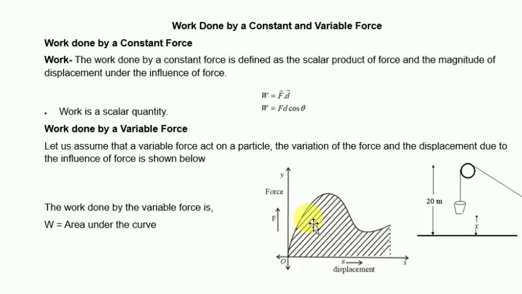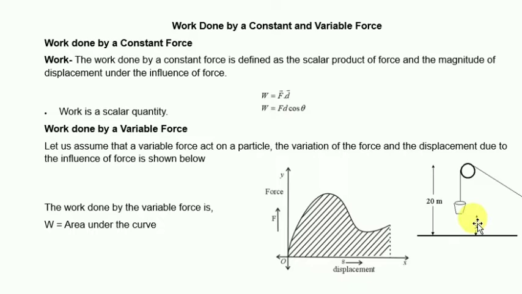This shaded area, the area under the curve, is the work done by this variable force. To calculate this, we have to integrate to find how much work is done from this point to this point.